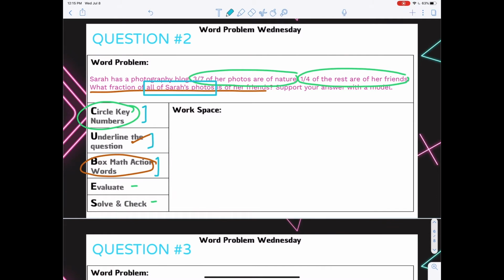So I'm going to give you about 2 minutes. Go ahead and evaluate. Remember that this is like what steps are you going to take. And then S is to solve, as you guys already know. So go ahead and take a few moments, and we will go over it in a few.